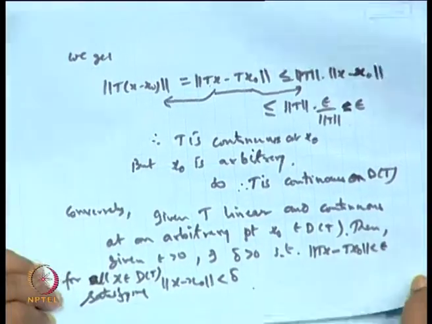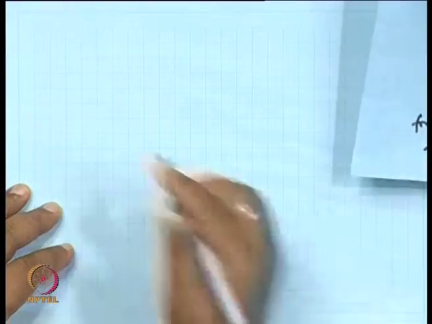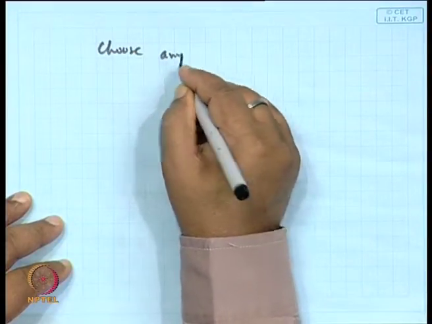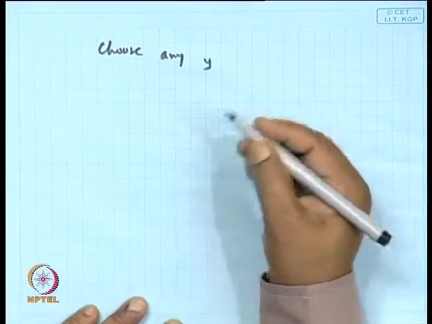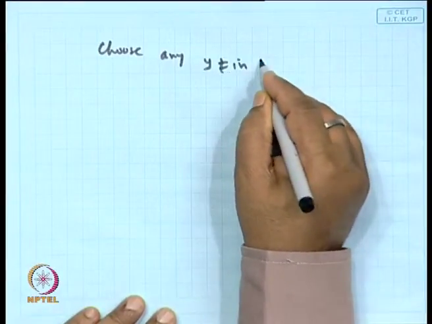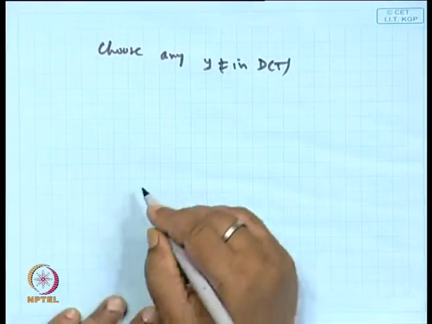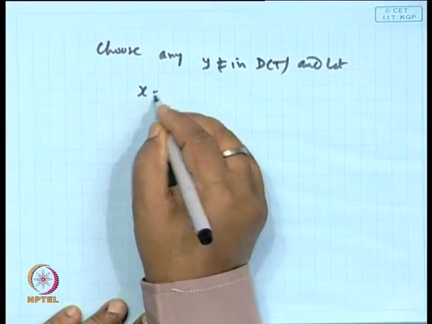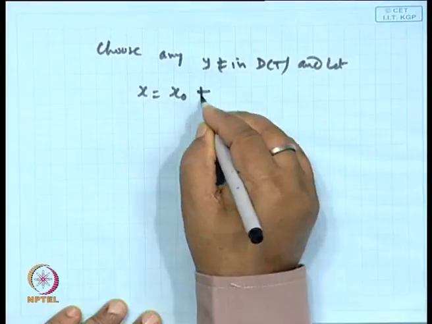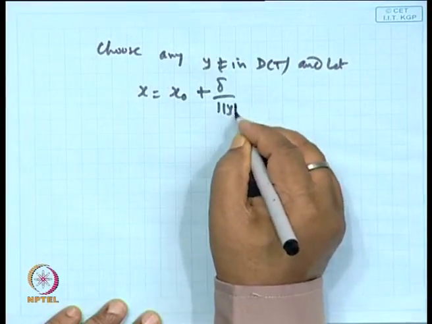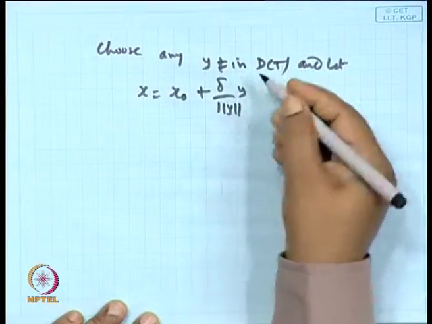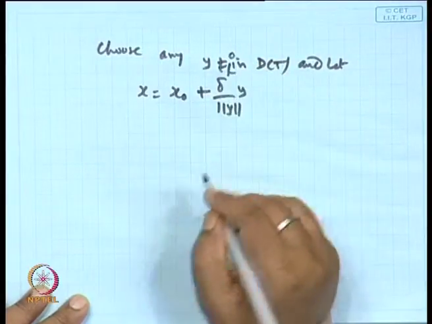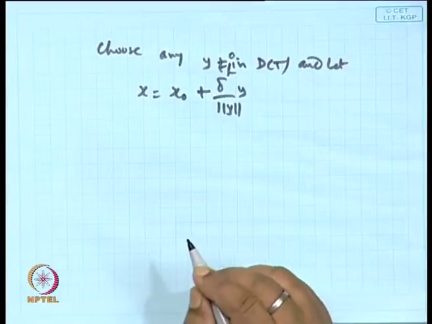So, now choose any y different from 0 in D(T). Okay. And let x be, suppose, x naught plus delta over norm y into y, since y is not equal to 0. So, we can choose like this.